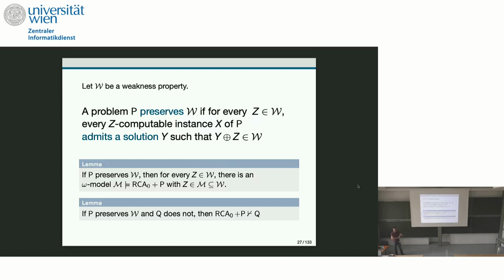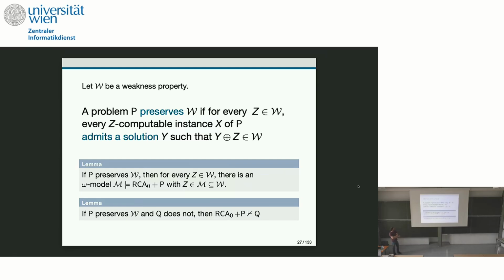So you just have the proper weakness invariant. And it's easy to show, using the previous construction, that if P preserves the weakness property W, then for every weak set Z, you can create a Turing ideal which will satisfy P and contain Z. You just relativize the previous construction, starting with the initial model of the Z-computable sets, and then you iterate, and you add more and more solutions to instances of P.